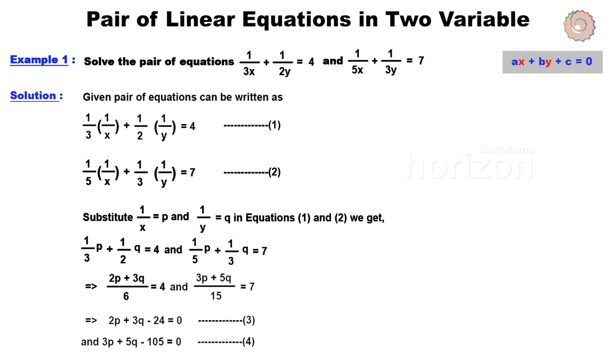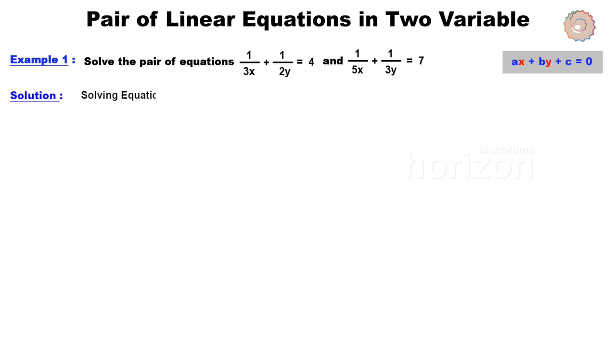Let's consider these as equations 3 and 4 respectively. Now these equations are the standard form of a pair of linear equations in two variables p and q. Solving this, we get p equals 195 and q equals 138.